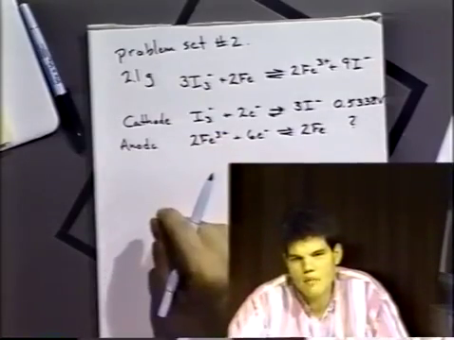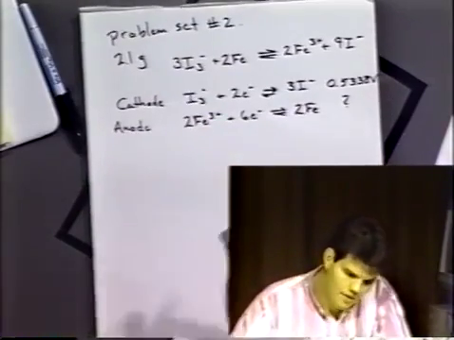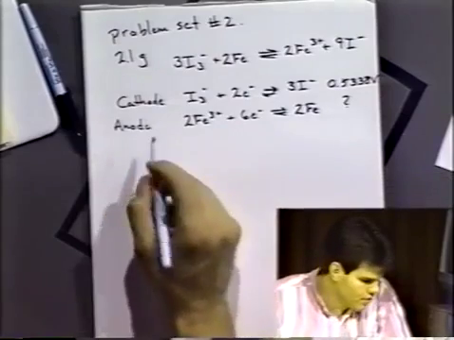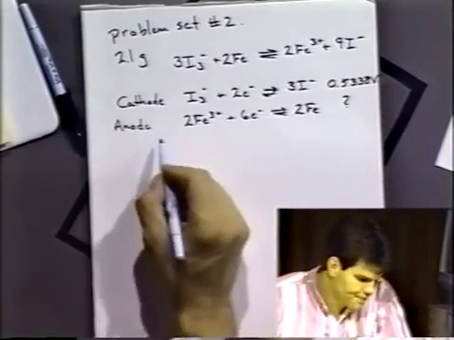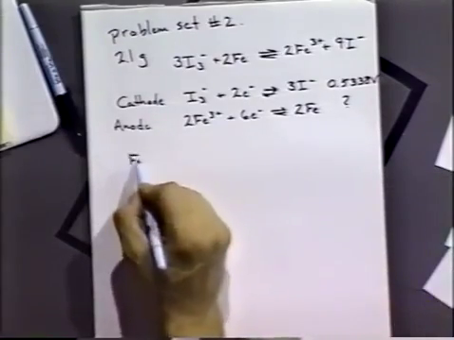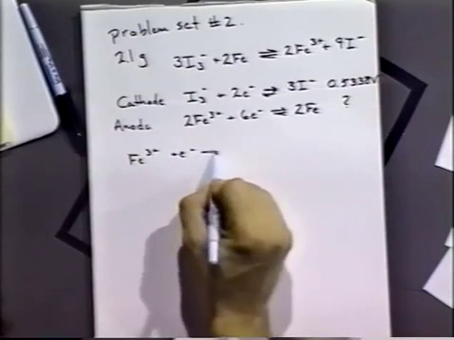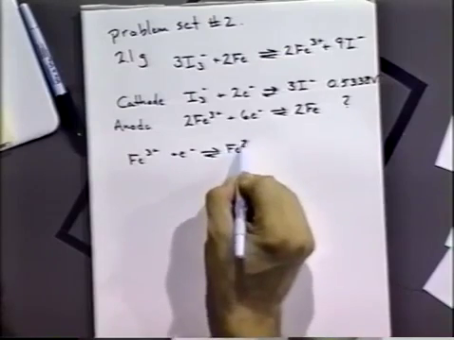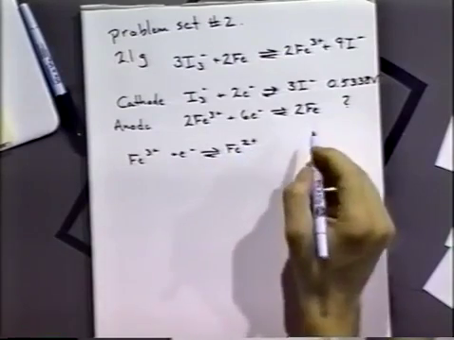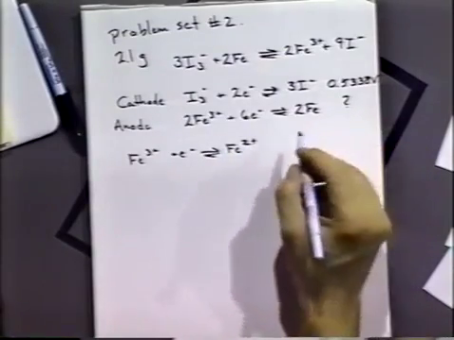And I want to just outline that briefly, because that's something where we do have to be a little bit careful when we're combining half reactions. For example, if we combine a half reaction for the iron 3+ plus e- going to iron 2+, we actually know that there's an E0 for that.